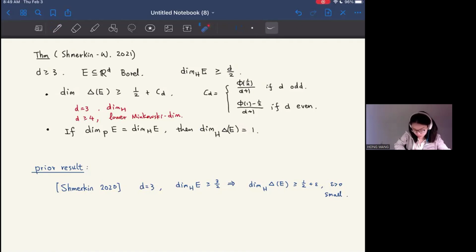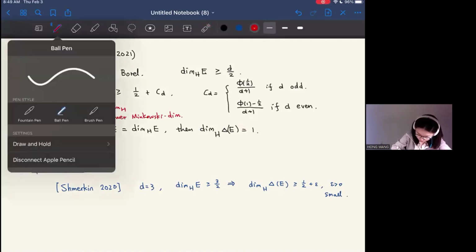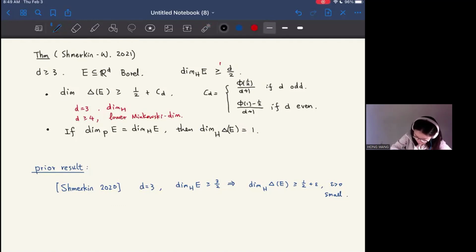And the second part of this result is that if the packing dimension of E equals the Hausdorff dimension of E, then the distance set has Hausdorff dimension 1. And also this is the best we can hope for.